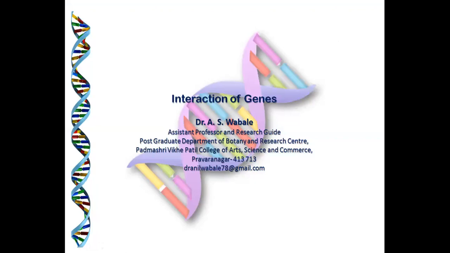In this interaction of genes, again I'll explain the definition or the concept. Interaction means interacting two or more than two genes. They come together and work together for a particular character.